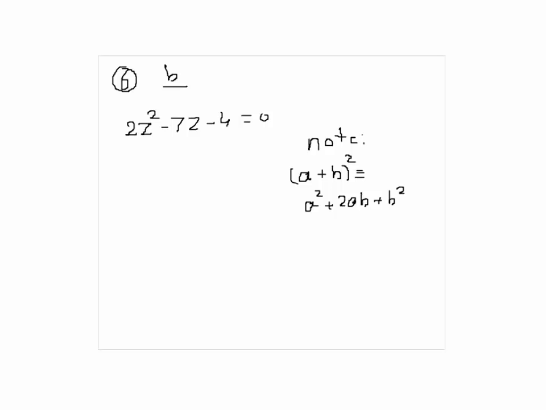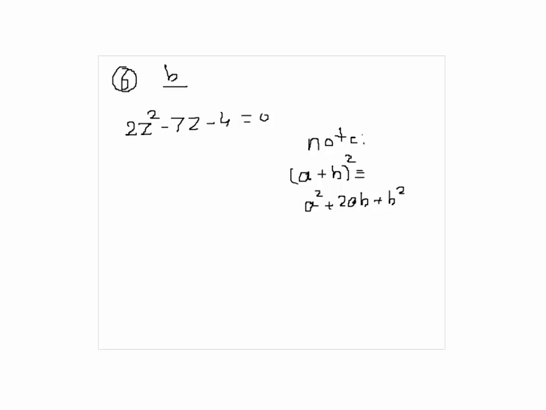It means that anytime that you have a squared plus 2ab plus b squared, you can change it to the squared form, a plus b squared. Suppose that a squared is z squared here, and 2ab could be the term that appears here. We just need to find b squared.